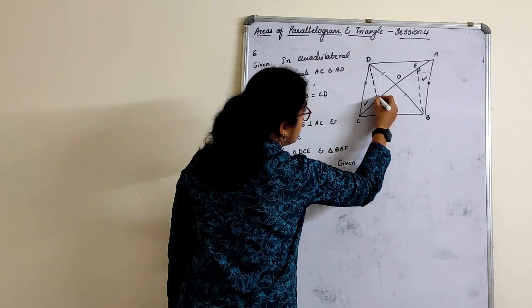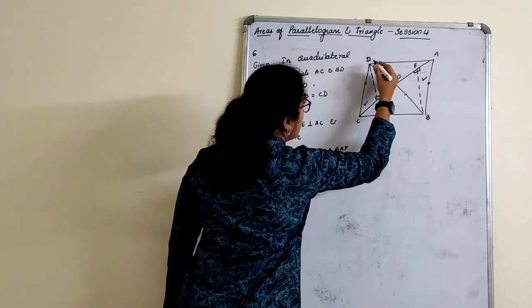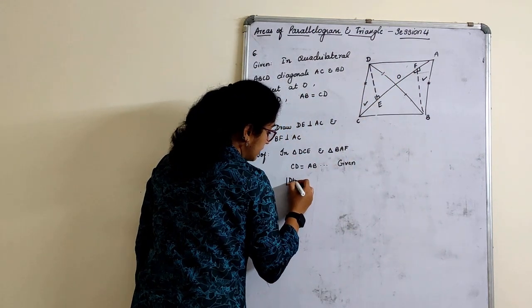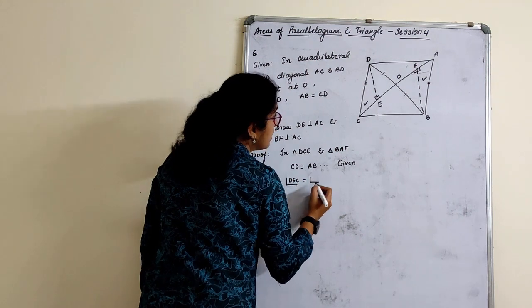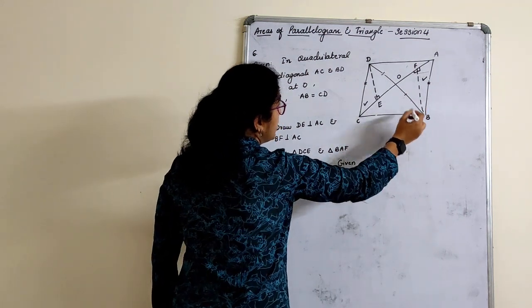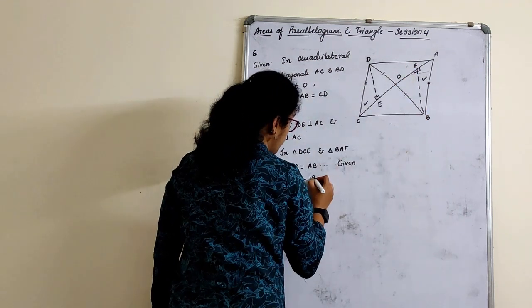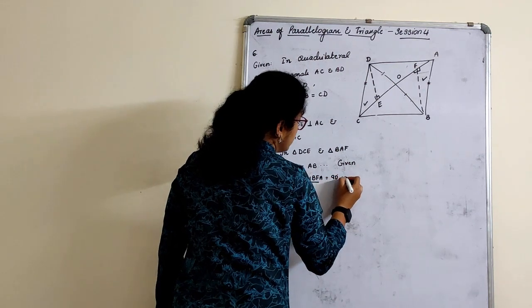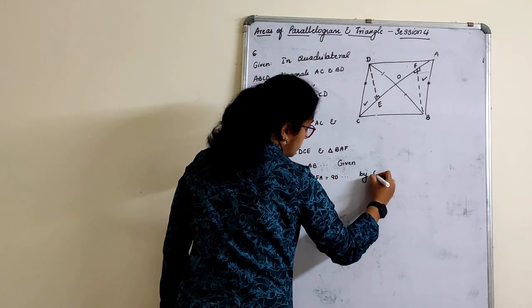Then this is 90, this also is 90. Angle DEC is equal to angle BFA is equal to 90 by construction.